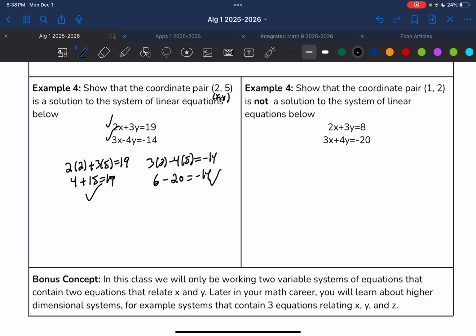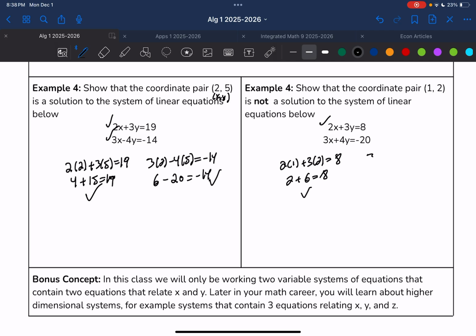But on this side over here, 1, 2 is not a solution to this system. Let's explore that. Plugging into our first equation, 2 times 1 plus 3 times 2 is equal to 8. 2 plus 6 is equal to 8. That's fine, so we've solved the first equation.